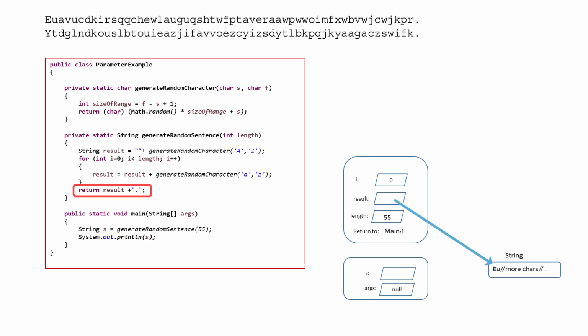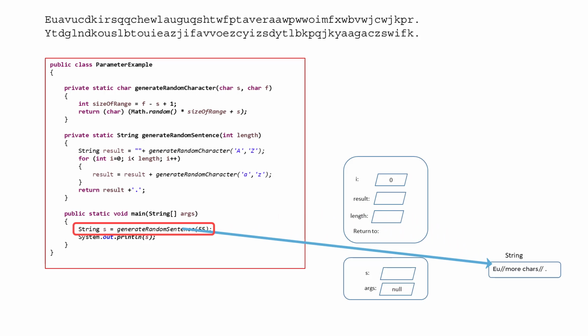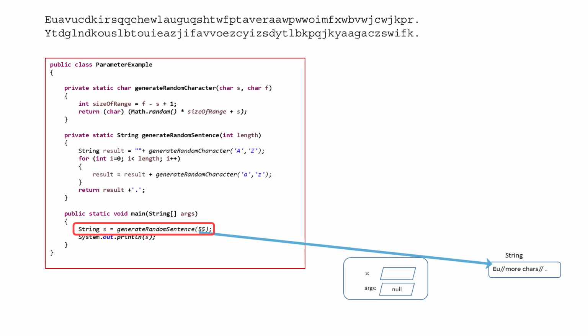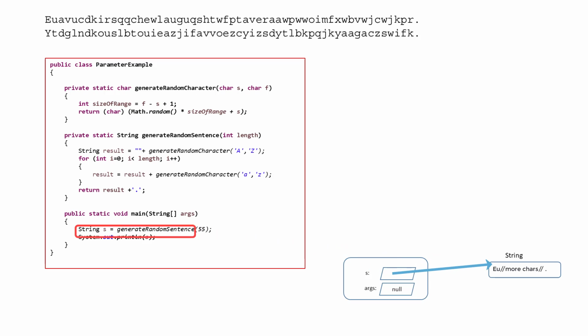That return is going to look in the stack frame and see which line of code it's supposed to jump back to. And then it's going to take that reference. That's what the call on generate random sentence will evaluate to. And it's going to throw away the stack frame. This code is going to take that reference and store it into the S in the current stack frame. And then it will print that out to the screen and our program will exit.